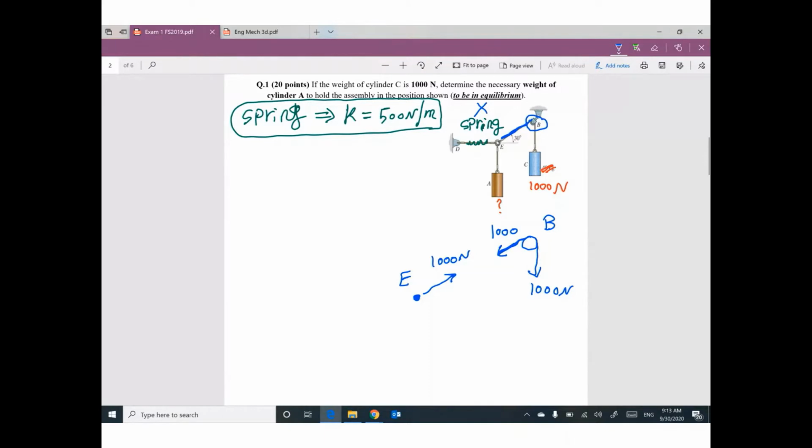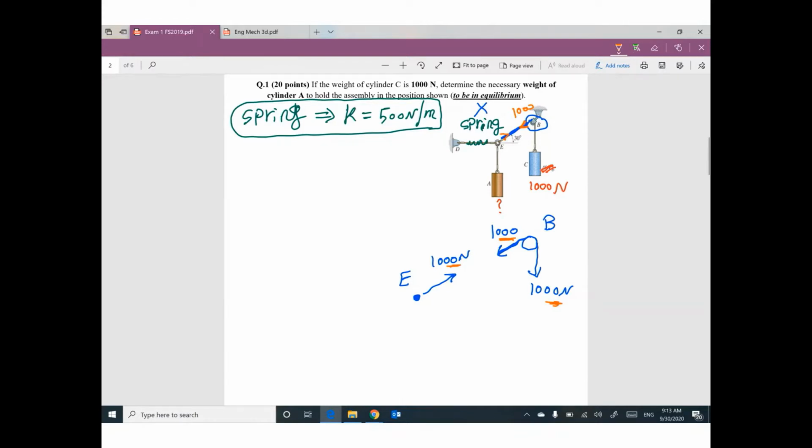From the side of the pulley we have 1000, and from the other side in the same rod we will have the same value in the opposite direction. The first trick in this problem is the pulley, so this force will be the same as this one.